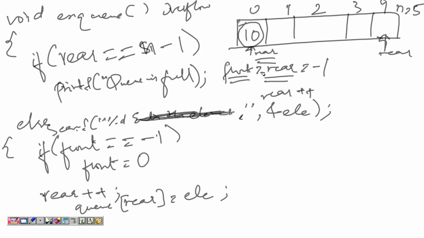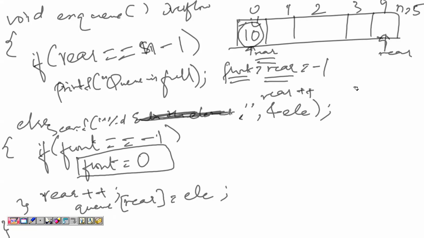These two variables need to be updated to the 0th index. That's why I'm saying if front equals -1, front equals 0, and I have to increment the rear part also, because without incrementing the rear part, I cannot insert the element. Then queue of rear equals element. Then I'll close this else, and close this function enqueue.